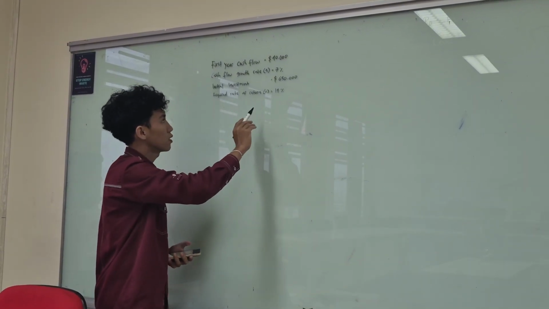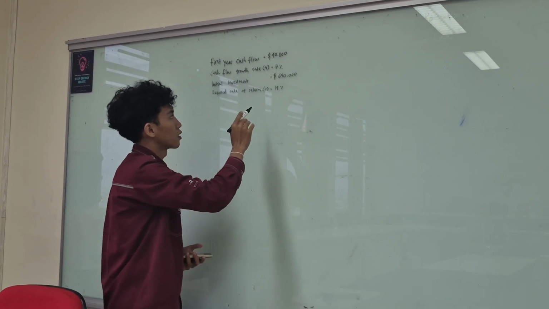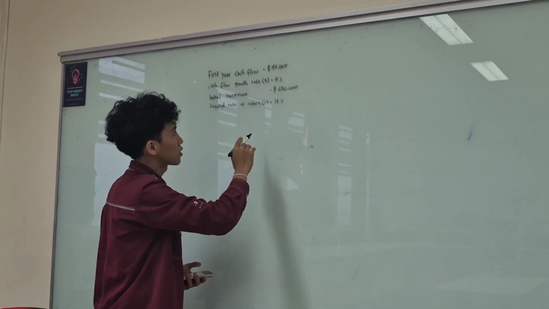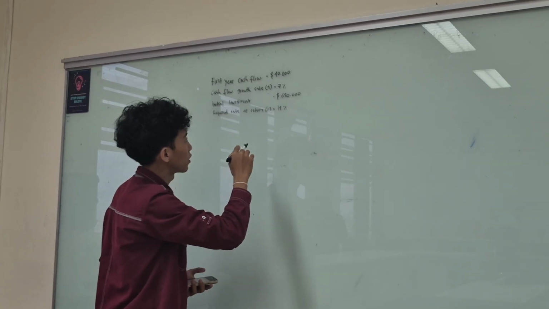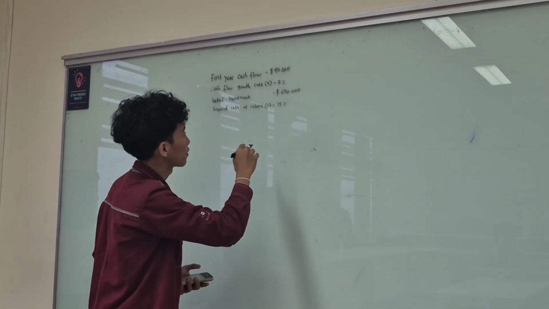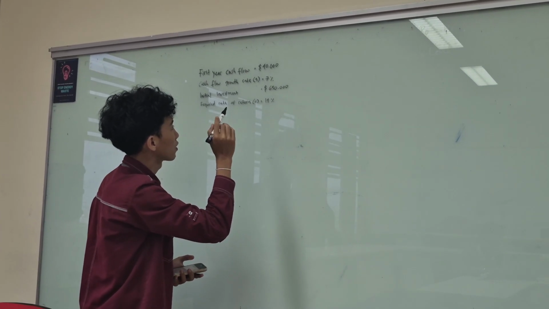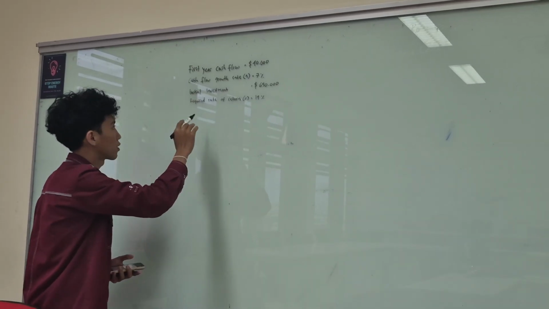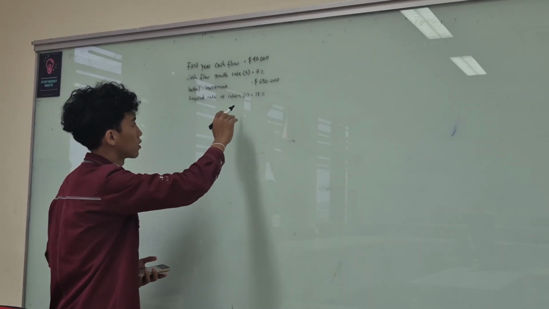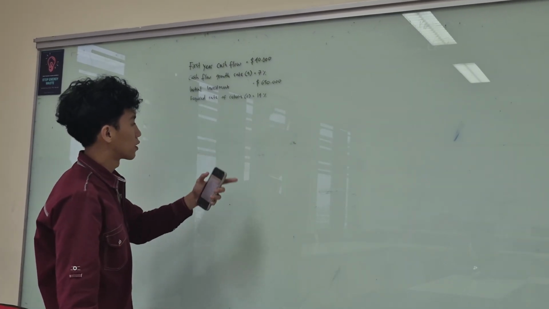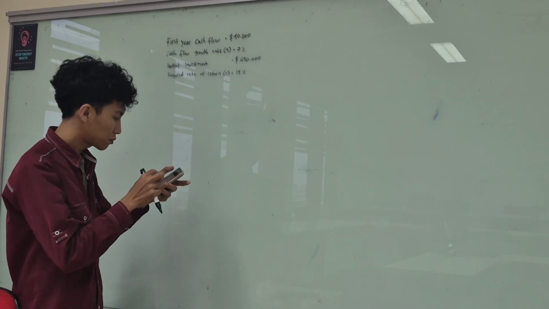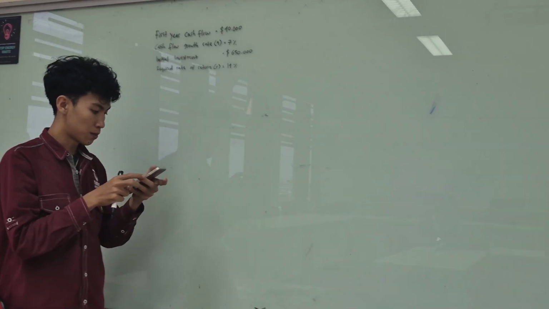Initial investment is $650,000, and required rate of return, or the symbol is R, is 14%.